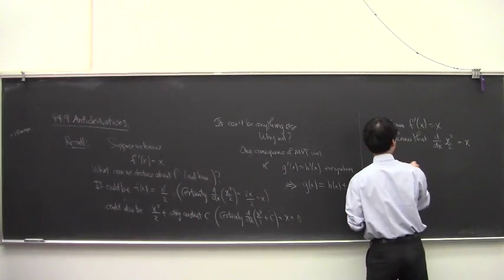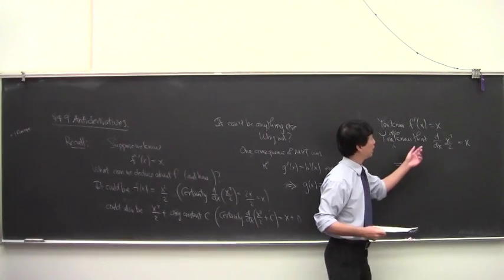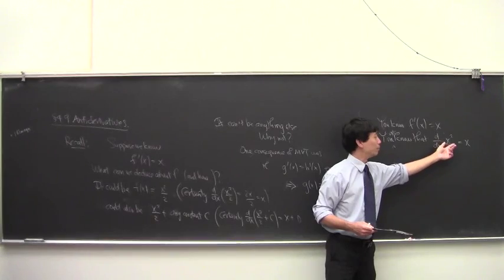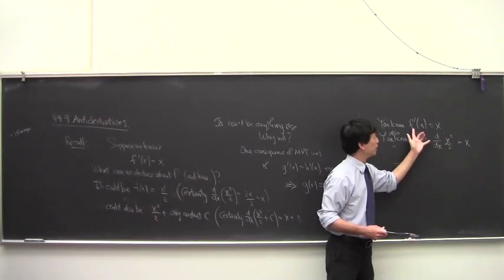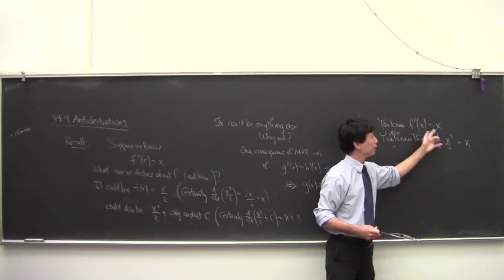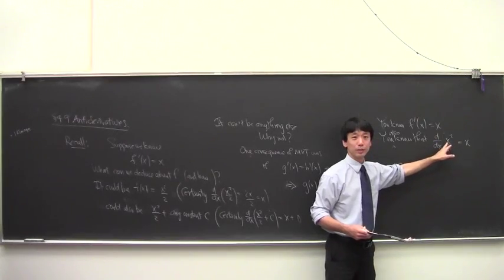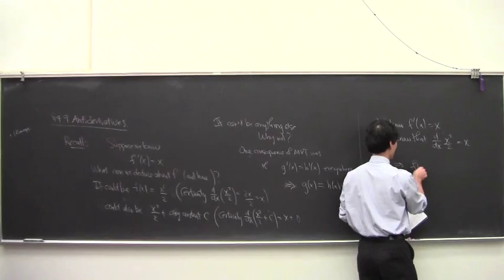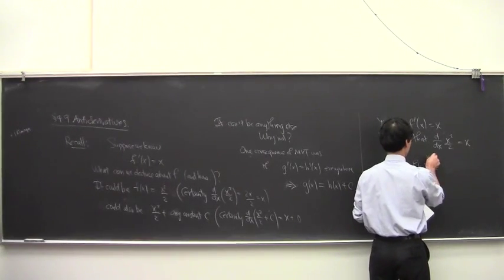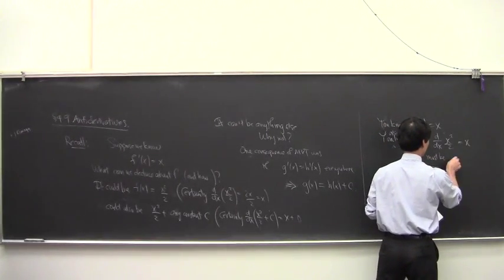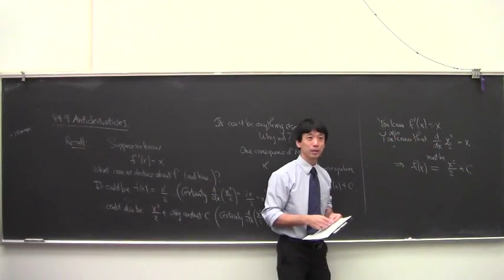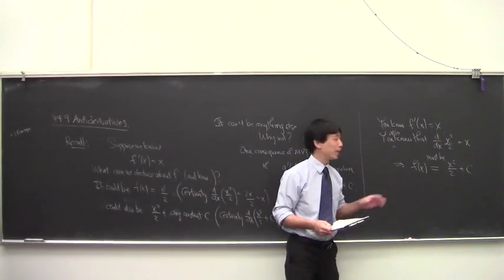And so what does that tell you? F and x squared over 2 have the same derivative, and so they must differ by a constant. So f must be x squared over 2 plus some constant.